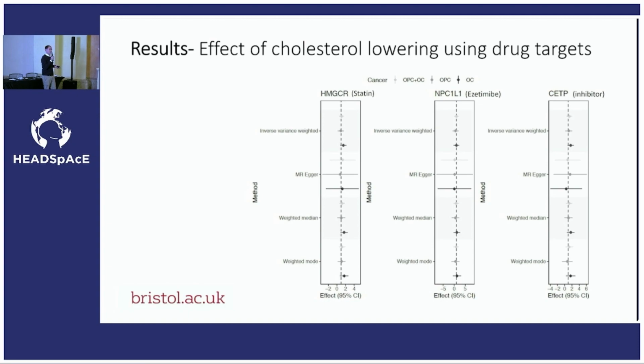And if this were cardiovascular disease as an outcome, you would see very strong protective effects with these instruments. But as you can see here, most of the results line up along the null, limited evidence for an effect on oral or oropharyngeal cancer risk with these drug target proxies. And it could be that, again, there's issues with the observational studies that are coming out suggesting statins are protective for head and neck cancer.